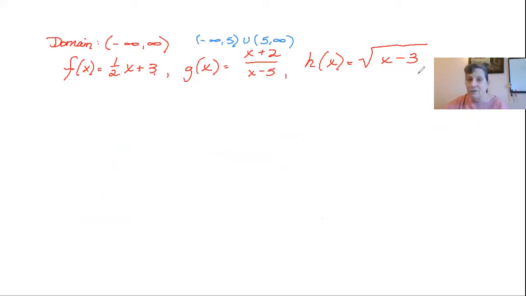Can't take a square root, a fourth root, a sixth root. Cube root's fine. Fifth root's fine of a negative. But here we cannot take the square root of x minus 3 unless x minus 3 gives us either a positive number or 0 itself, which is not considered either positive or negative.